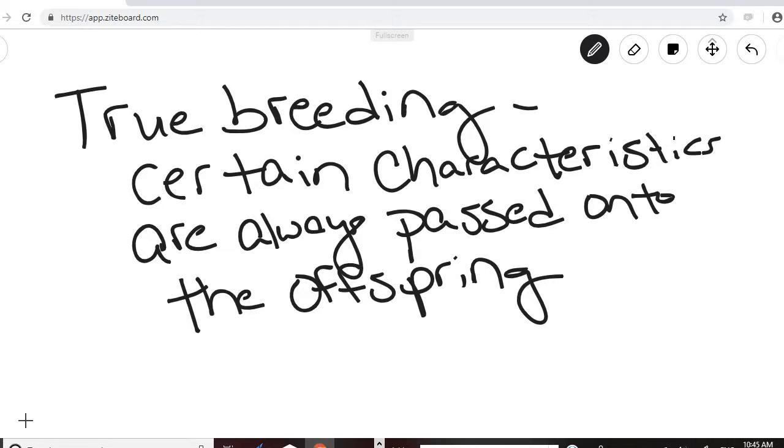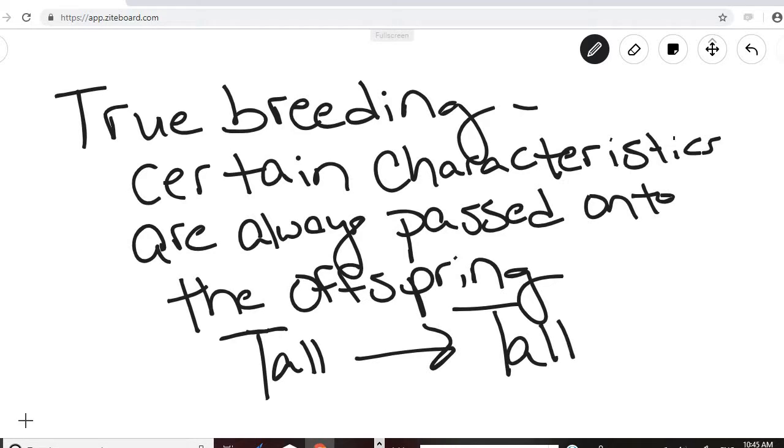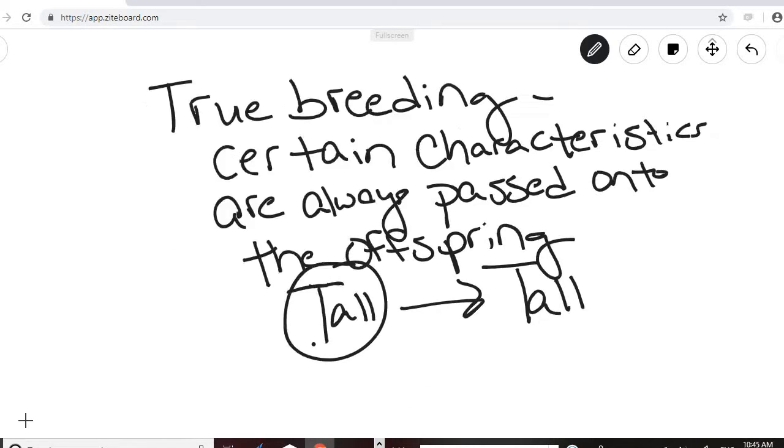So he used the term true bred with respect to that characteristic. As I said, if a tall plant is bred, the offspring are always tall. That would be an example of true breeding, where the certain characteristic, in this case the tall height, is always passed on to the offspring.